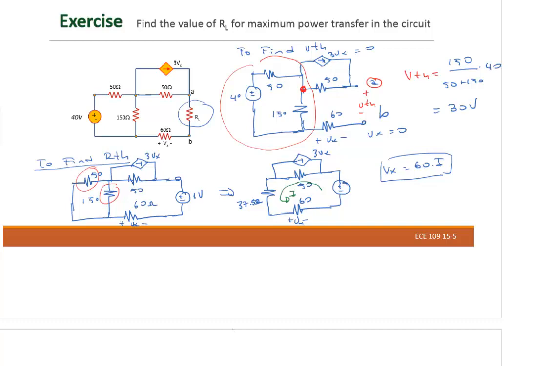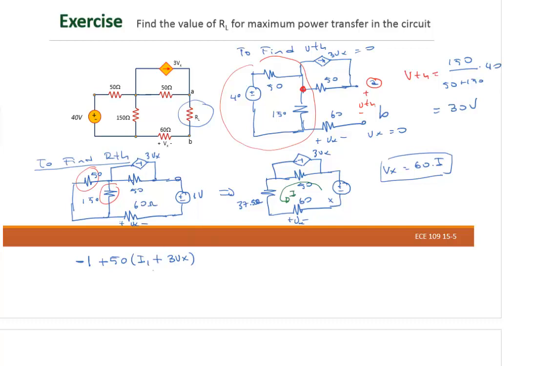So I'm going to look at the mesh equation, this one here. I can write this one like this. Start from right there. I will say negative 1 plus 50 I1 minus, is it minus or plus?